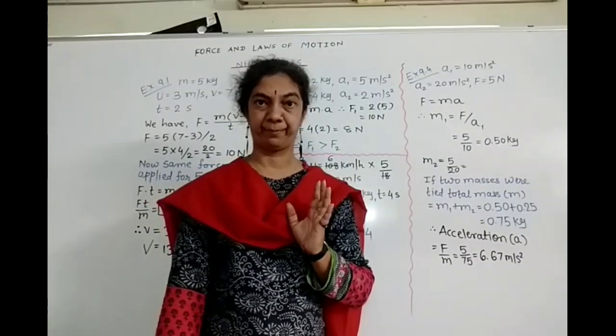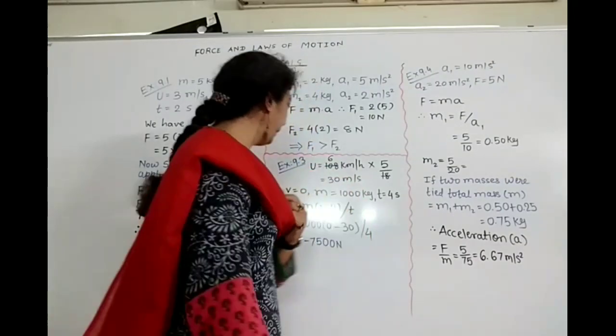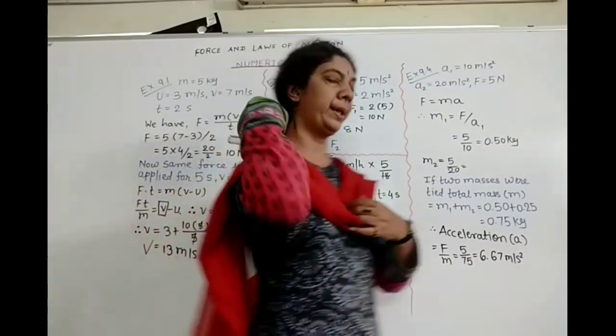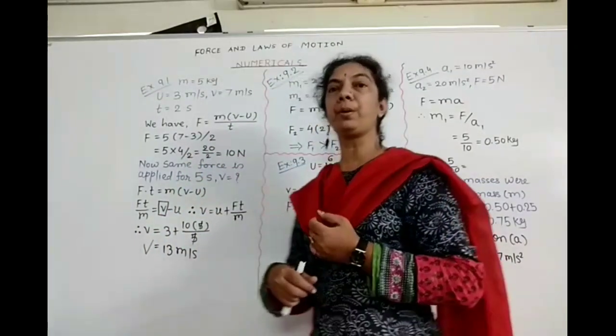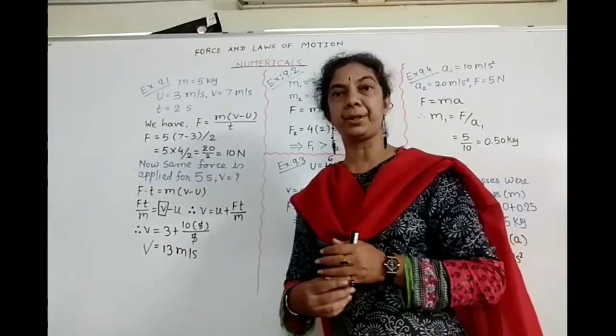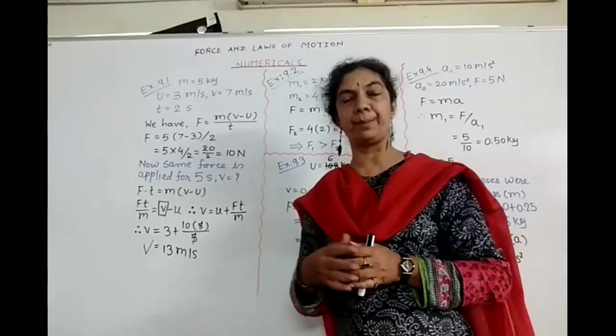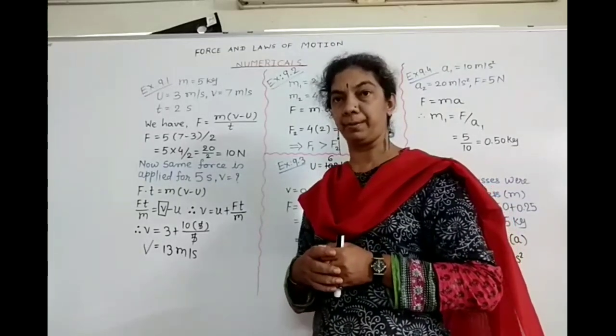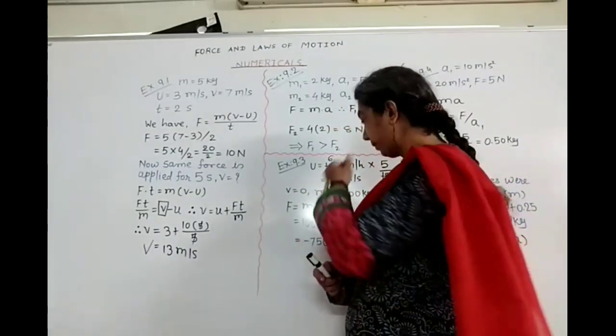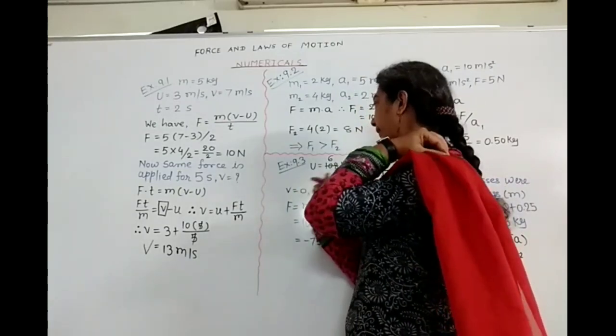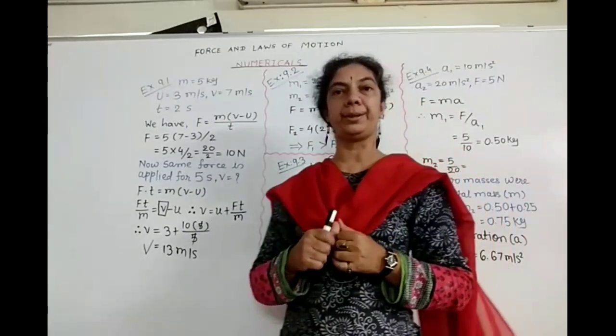Then third numerical. In this numerical, a little bit more calculations you are supposed to remember, you are supposed to recall. In that, first of all, the initial velocity is given in kilometer per hour.